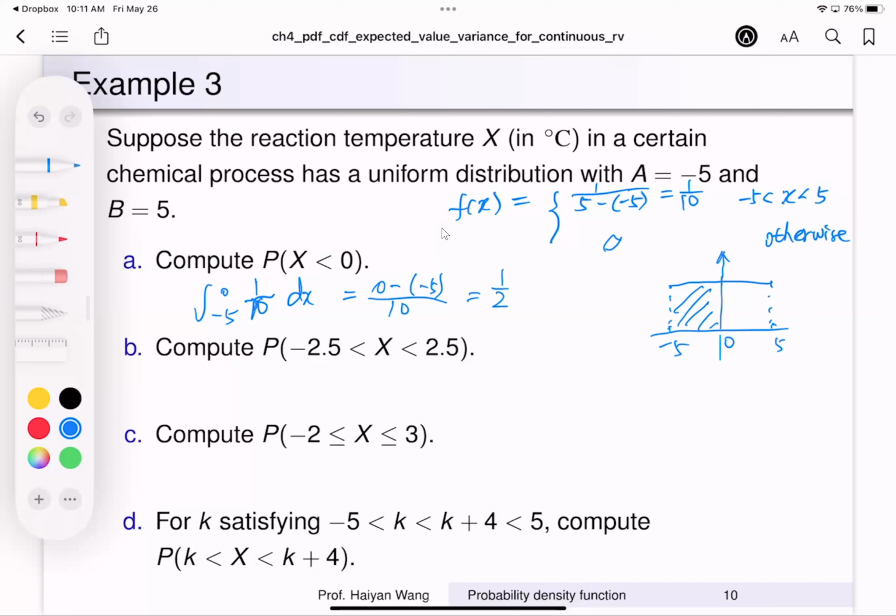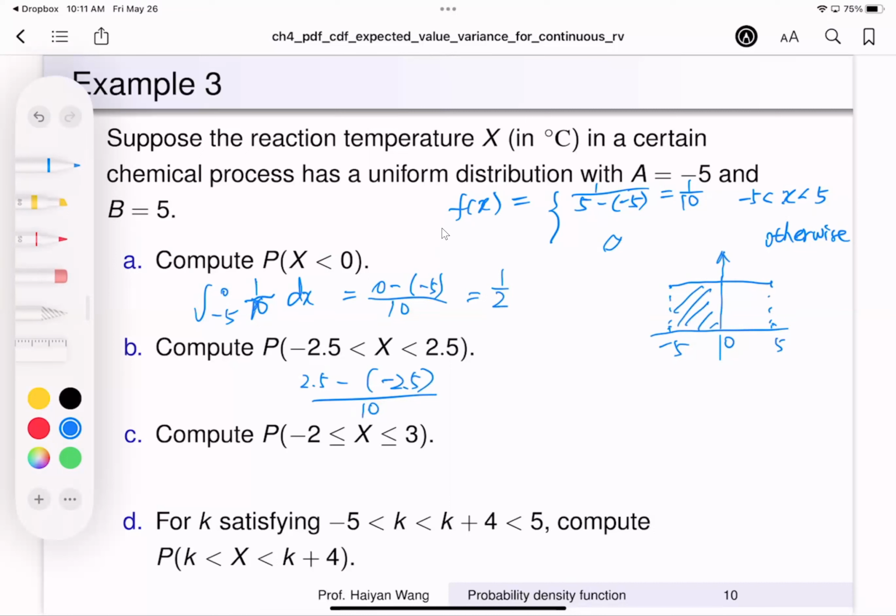The next one, -2.5 and +2.5. If you compute it, you'll find that integration will give us a probability of 2.5 minus the lower bound, divided by 10. The denominator, the 10, is because of the density function 1 over 10.